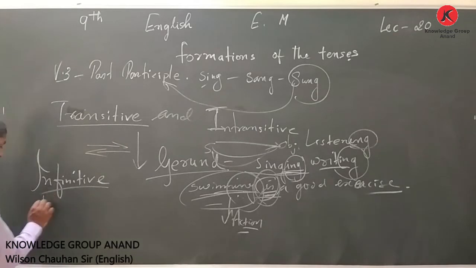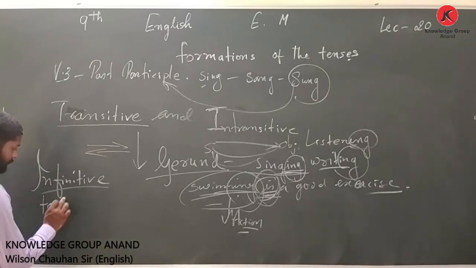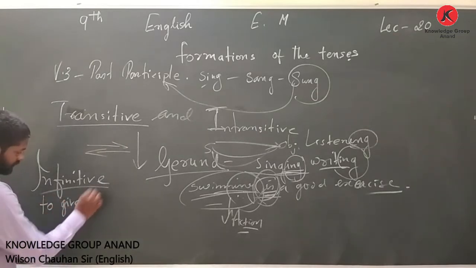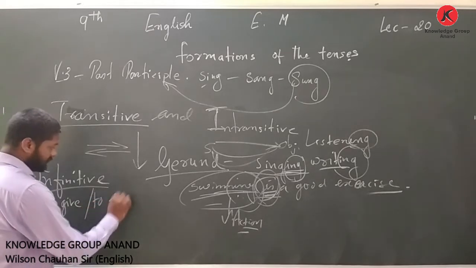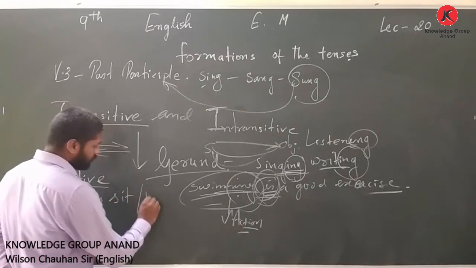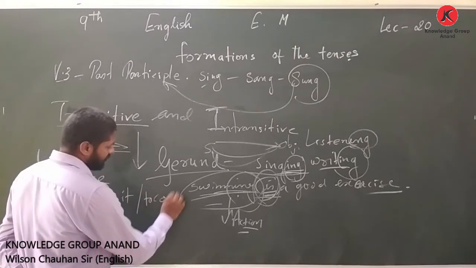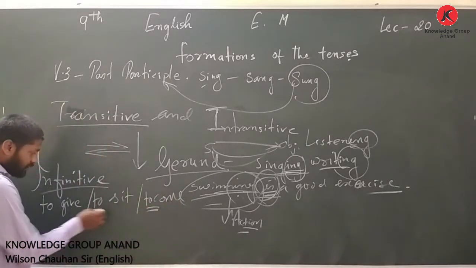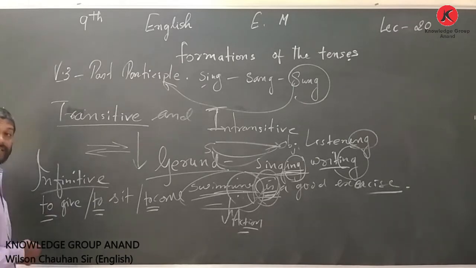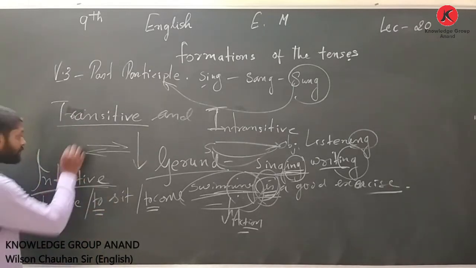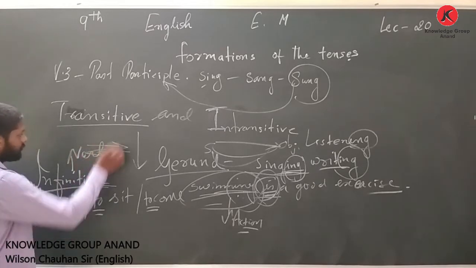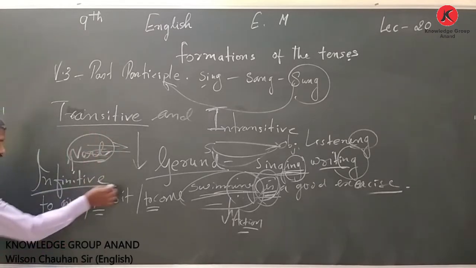An infinitive starts with to, the original, to give, or to sit, or to come, whatever. But when you have used a sentence using the infinitive form of the verb, then it is an infinitive.